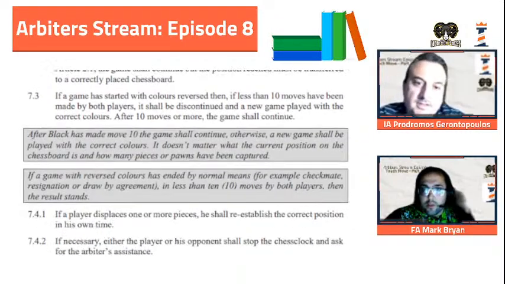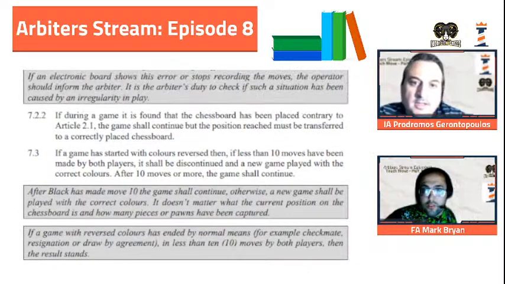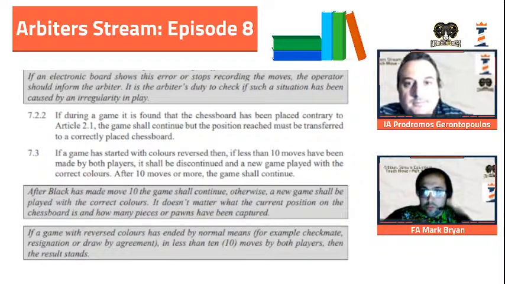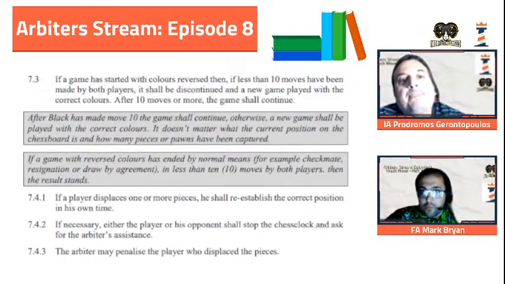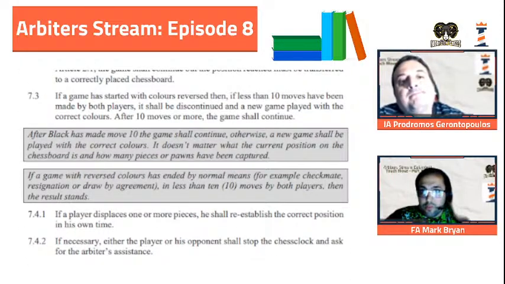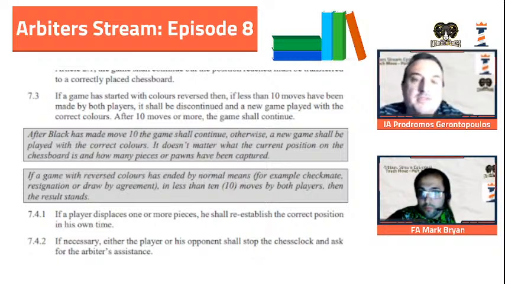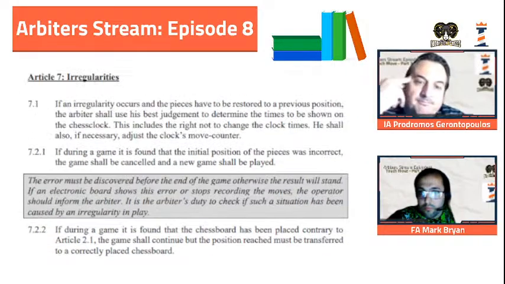So here it says, if a game has started, if it is found that the chessboard has been placed contrary. 7.3. Yeah, but this is reversed colors. On the fourth, it's article 4. You can see that on the fourth article.